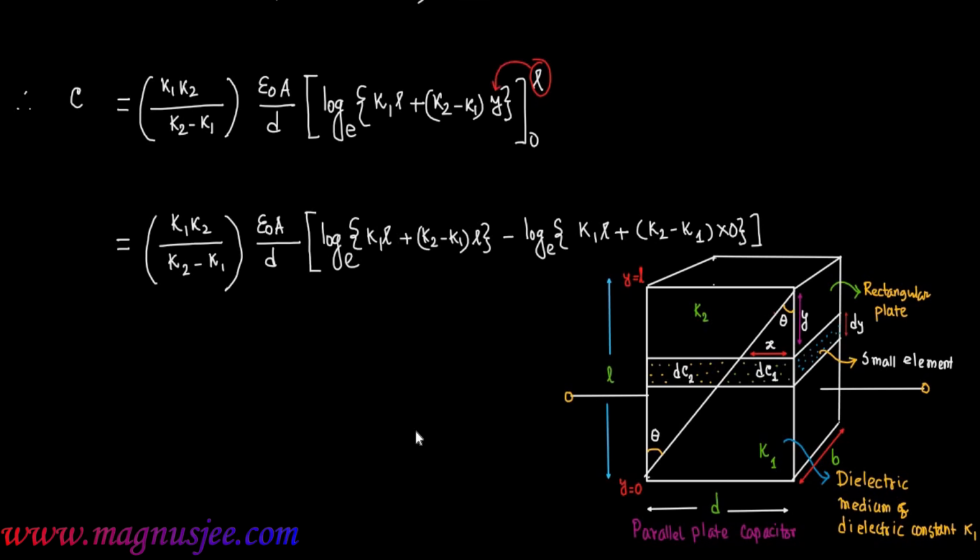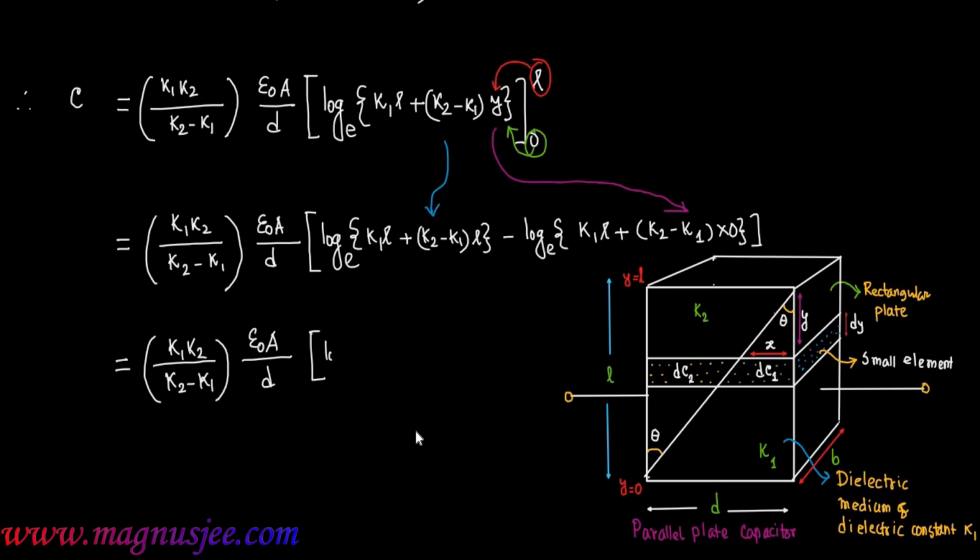Putting upper limit L in place of y, we get the first term, log base e of (k1 L plus (k2 minus k1) L). Putting lower limit 0 in place of y, we get the second term, log base e of (k1 L plus (k2 minus k1) 0).